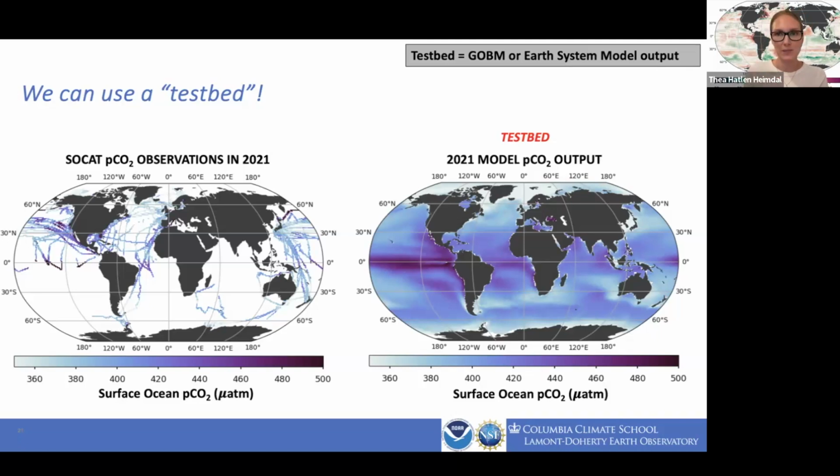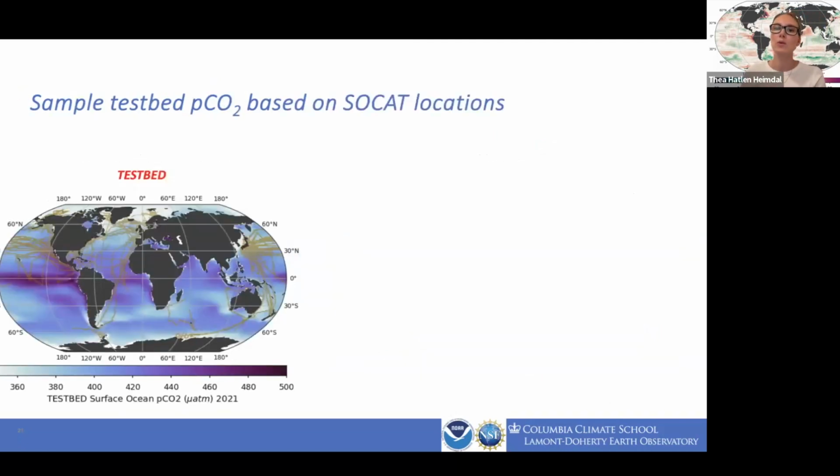So when we're talking about a testbed, we're talking about model output. The way we use a testbed is that we sample the model output based on real-world SOCAT locations. On this figure, you see these brown tracks. They represent the actual SOCAT observations.